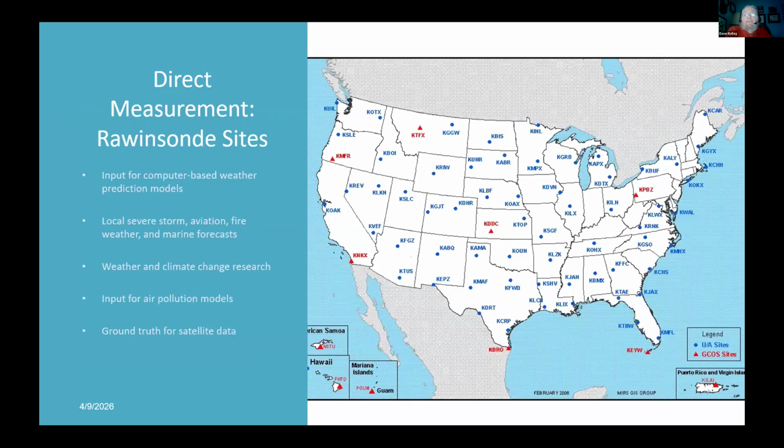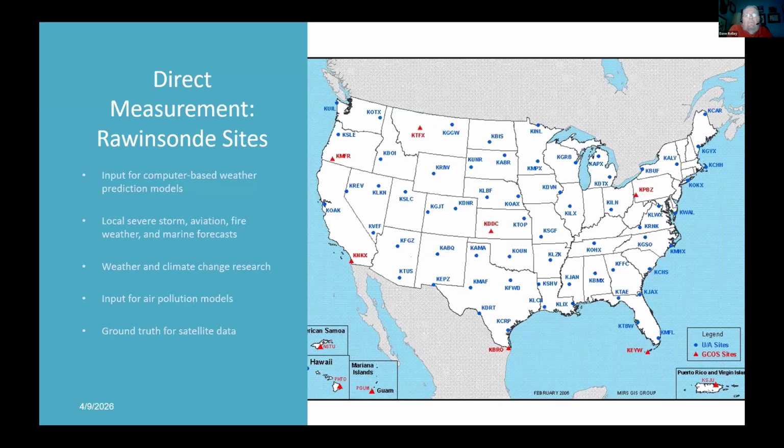Then we have the Raob sites. So these are the balloons that go up. Its position is tracked as it ascends to give wind speed and direction information, temperature information. Some of them can carry their own navigation devices.